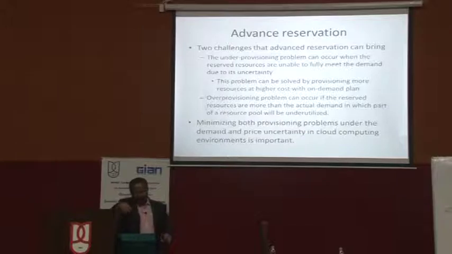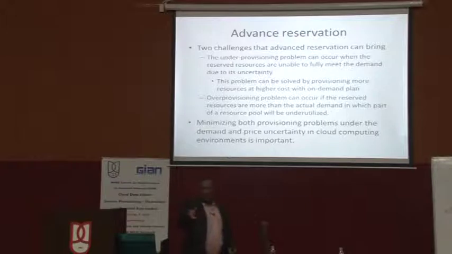The under-provisioning problem can occur when the reserved resources are unable to fully meet the demand due to uncertainty. There is uncertainty, right? Because I don't know how much I need, and uncertainty also from the resource service providers, because they can't guarantee you 100% that the resource will always be available to you.